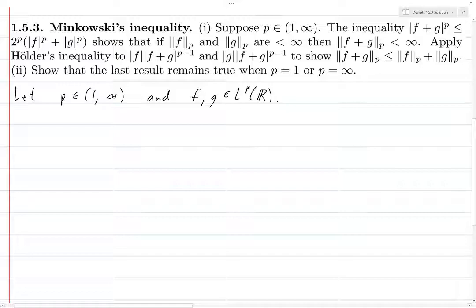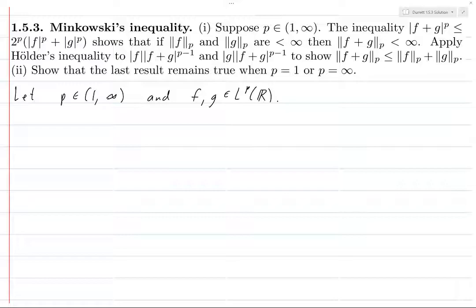That's equivalent to saying that f and g are in L^p of R. By the way, for this proof, we're essentially following the proof from Folland Theorem 6.5. And we don't use this whole strange (f plus g)^p is less than or equal to 2^p whatever. We don't need it. So we're just going to ignore it and continue.